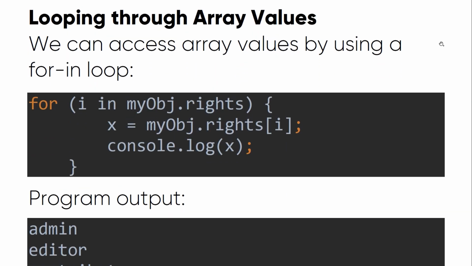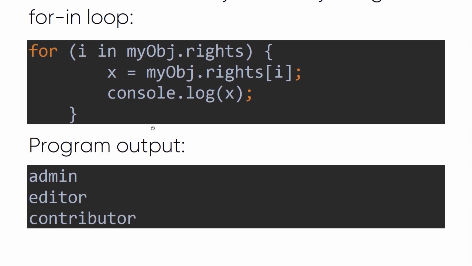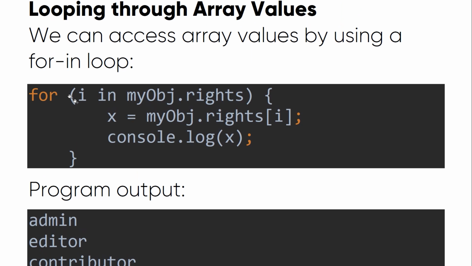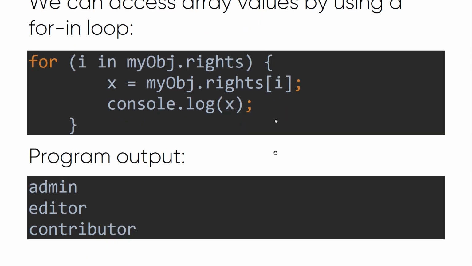Looping through array values. We can access the array values by using a for in loop. This is a for in loop. For every item i in myObject.writes, go and store myObject.writes[i] in x, and console.log x.